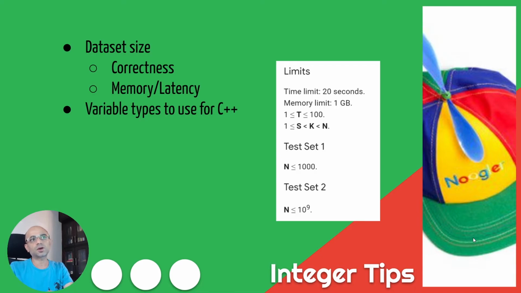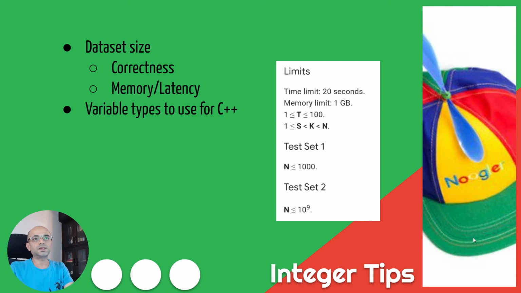It should not cross that memory limit. And also for some of the variables like the number of test cases or the input sizes for various problems, there will be limits, and those limits are specified in the problem definition.